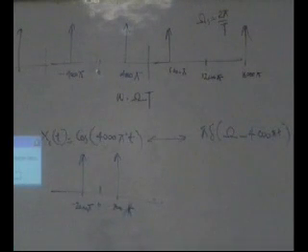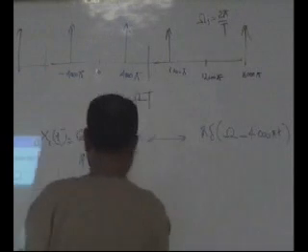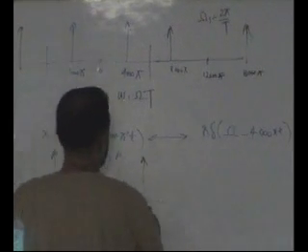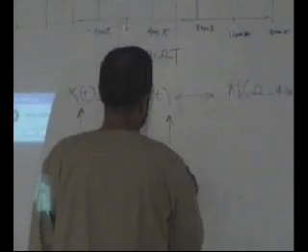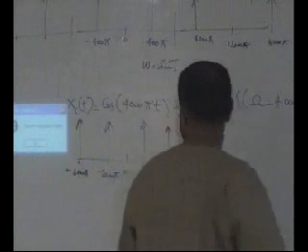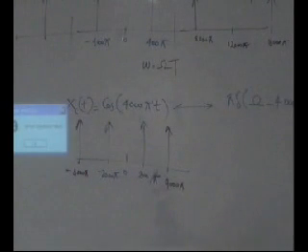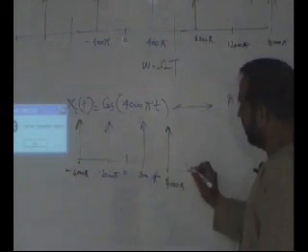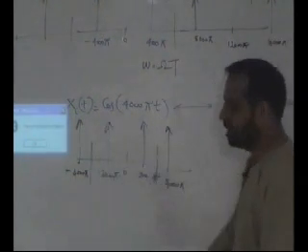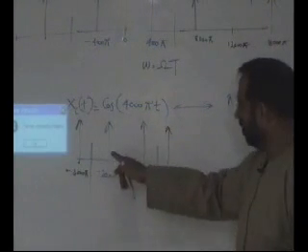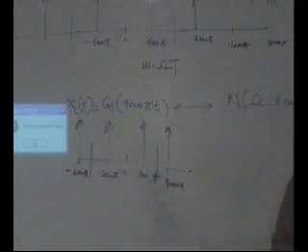If you sample it at 0, you are still going to have a copy at 4,000 pi and minus 4,000 pi. But if you sample it at 6,000 pi, you get a copy here. And remember, 3,000 to minus 3,000 is your minus pi and pi. So this will go away, this will go away, you will be left with this frequency and this frequency.